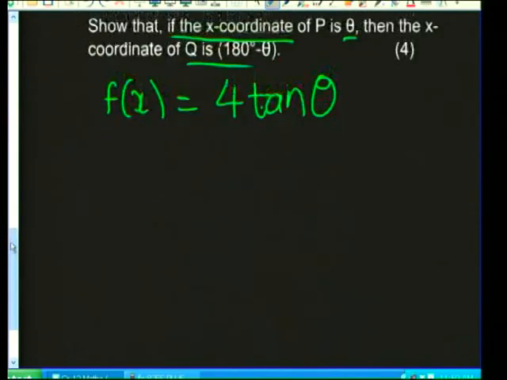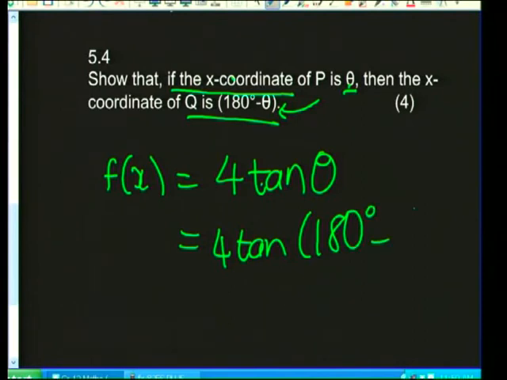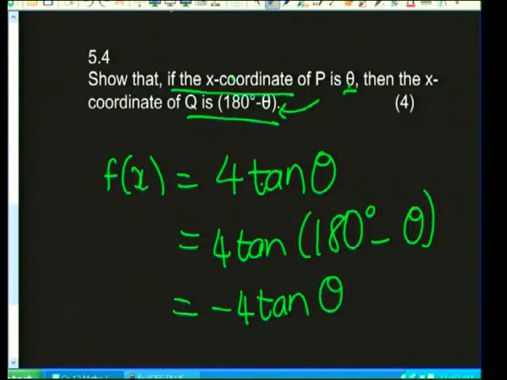Now if we go replace this x-coordinate, which is theta, with this one, we get 4 tan (180 degrees minus theta). Using our reduction formula again, this becomes minus 4 tan theta, because tan is negative in that quadrant.